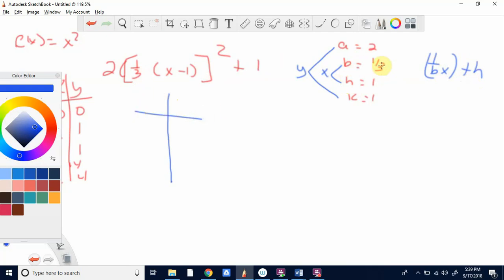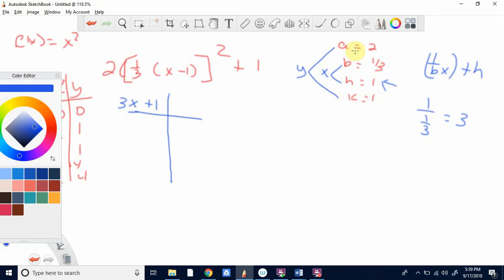What's b? This is 1/3. So we're saying 1 over 1/3, or the reciprocal, which equals 3. So we're going to say 3 times x, what is h, plus 1. We've already made this opposite, so don't make the mistake of making it the opposite as well.